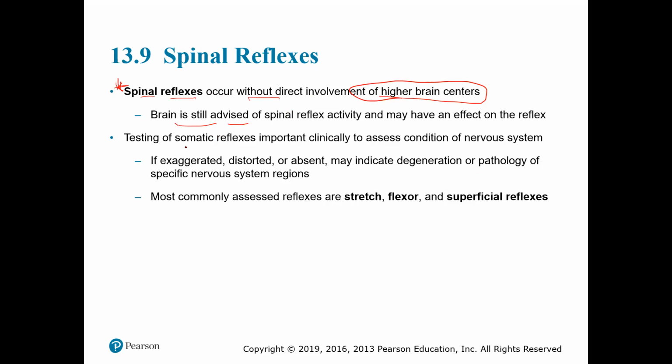And we do it all the time. You want to check people's reflexes to see if the spinal nerve roots are intact, if there's any injury, inflammation, herniated disc, or other things that can interfere with the output or input of the spinal nerve roots or plexuses even. So you can see it could be hyperreflexive, which is too much reflex, too jumpy.